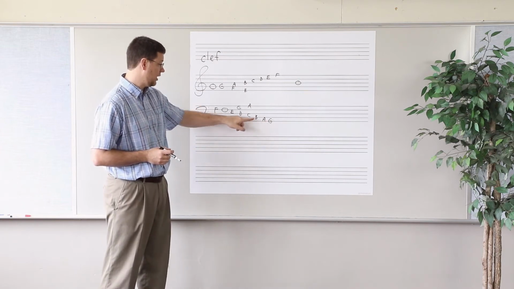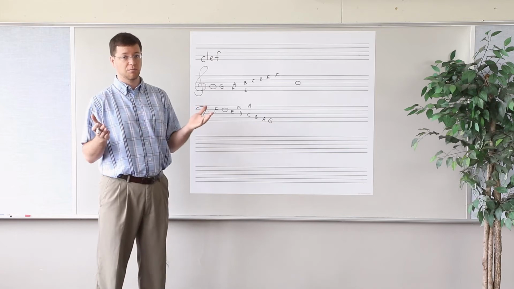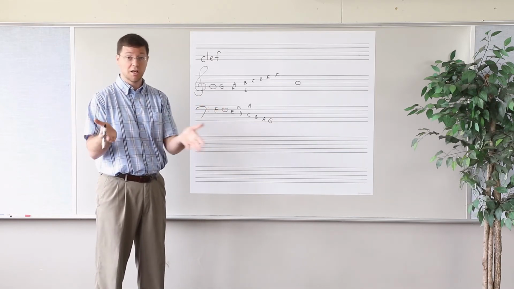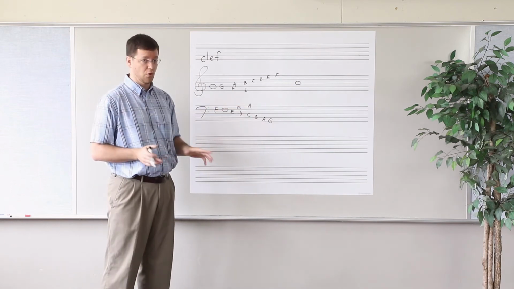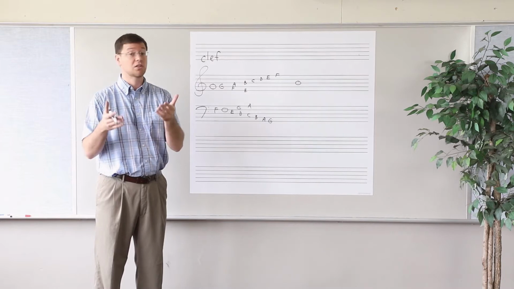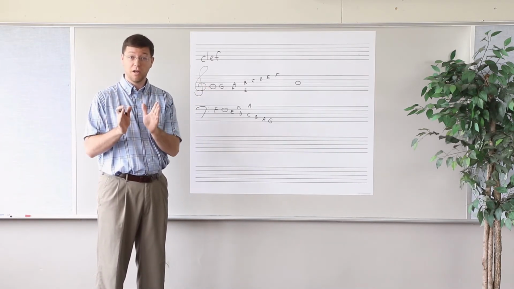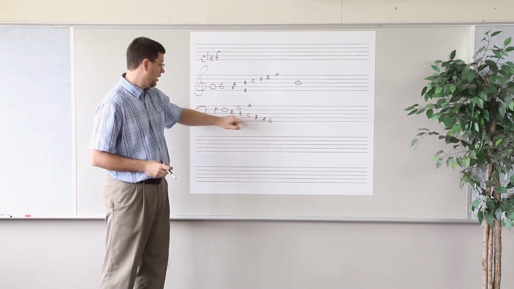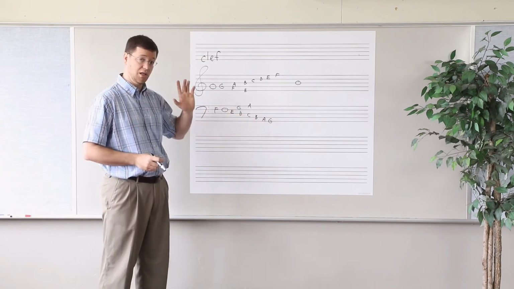So, G, B, D, F, A, or you can simply make up sentences or use pre-manufactured sentences, such as, Good Boys Do Fine Always, or the grade school version, Good Boys Deserve Fudge Always, or any number of other sentences. The point is, use it, memorize it, and then here the spaces are A, C, E, and G.